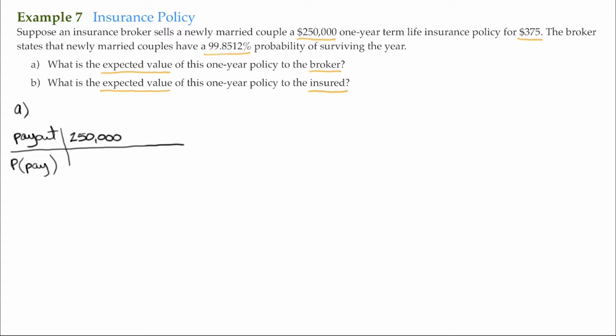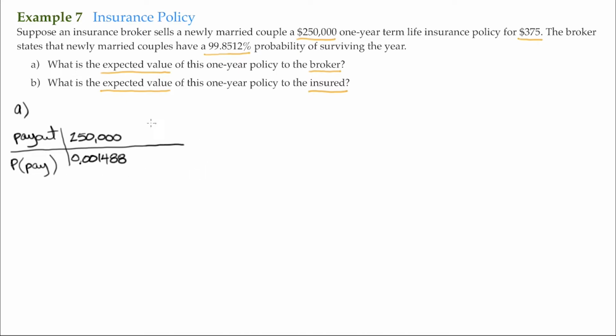What is it, $250,000? Well, that's going to be a payout if the newly married couple does not survive. Now, though we have a probability here of 99.8512 that they will survive, we could determine that they won't survive by finding their complement. We just subtract that from 1. So the chances that the $250,000 payout occurs, that's going to be the complement. That's 0.001488.